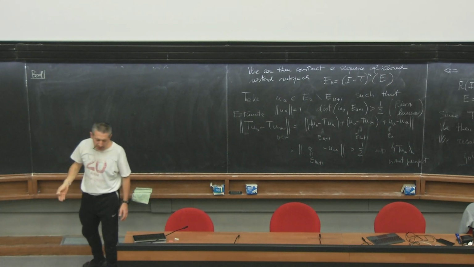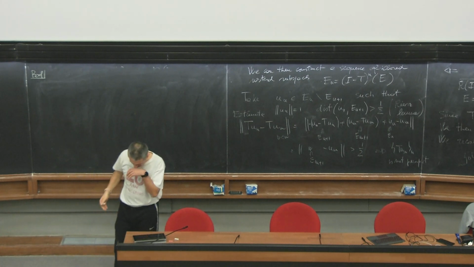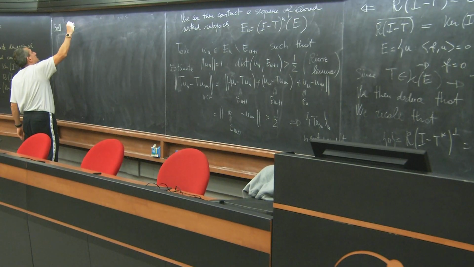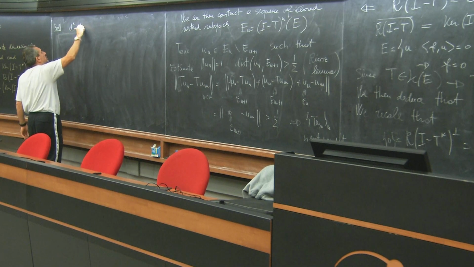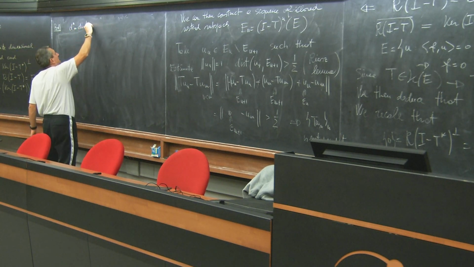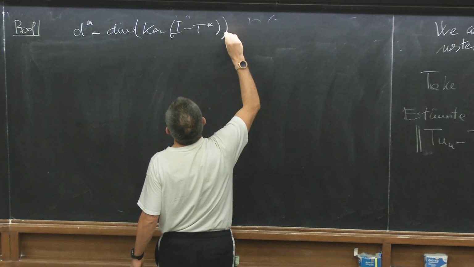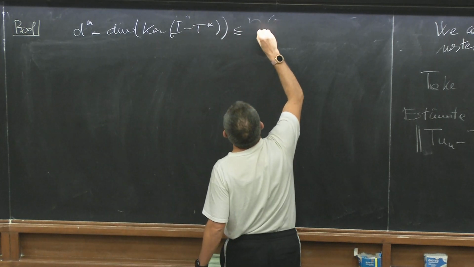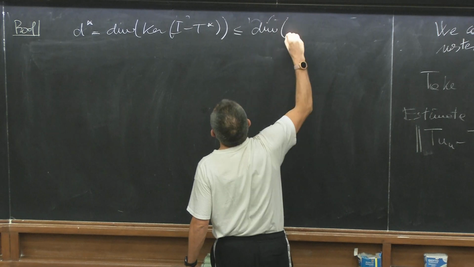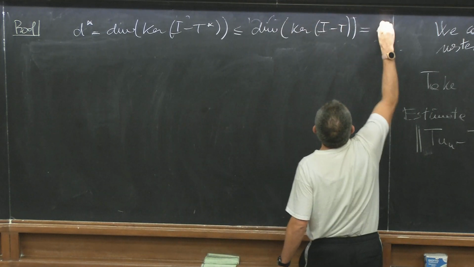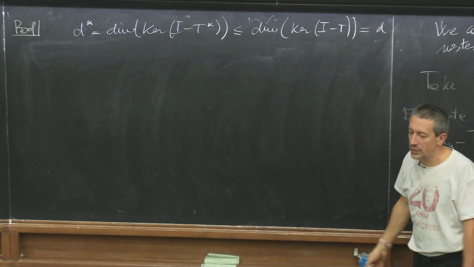Let's prove first an inequality. We want to prove that d star, the dimension of the kernel of identity minus T star, with obvious notations, is less or equal than the dimension of the kernel of identity minus T, which is equal to d.